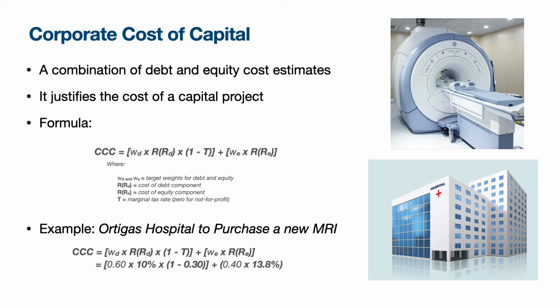Using these data, we estimate the hospital's corporate cost of capital to be 9.7%. Take note that when using this formula for not-for-profit firms or businesses, it is estimated in the same way, except that the tax rate is zero.